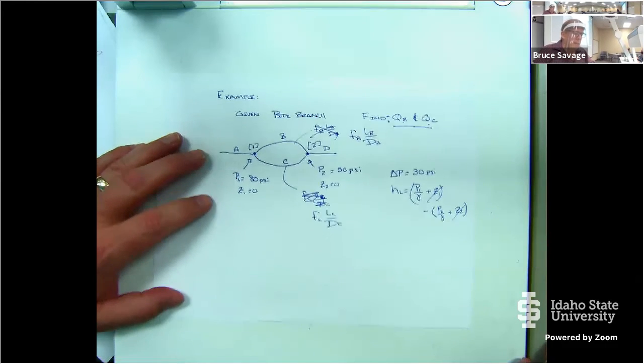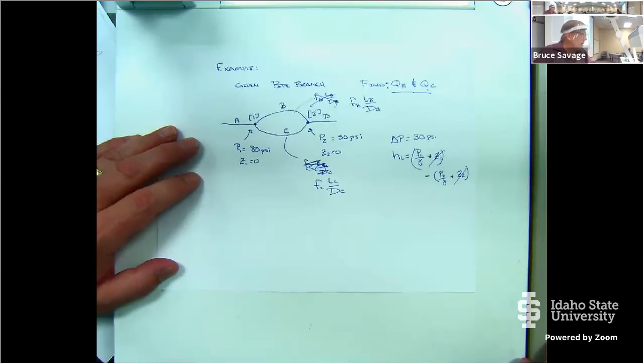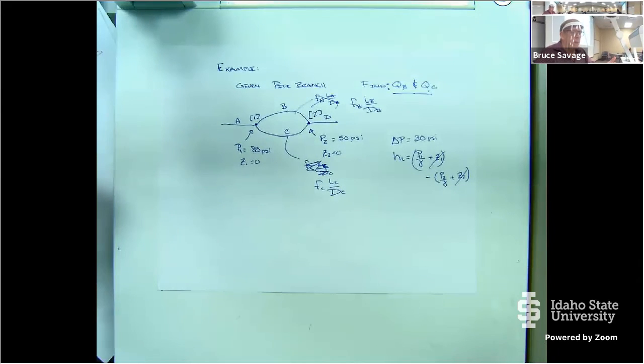So in this particular case, we're not caring about the flow rate in A and the flow rate in D. We could solve those once we know the flow rate across our pipe network, right? Those are single pipes.